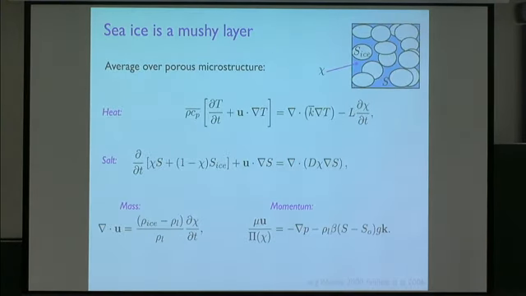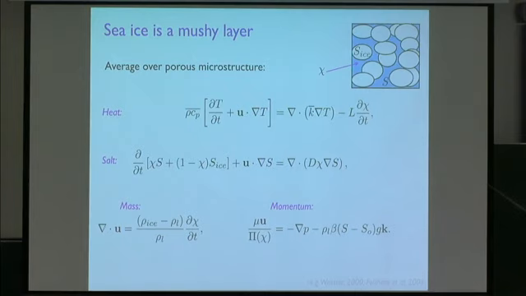So mathematically, how do we model this continuum system? What you basically do is you average over the details of that microstructure in some representative volume. So you could probably do this formally via homogenization.